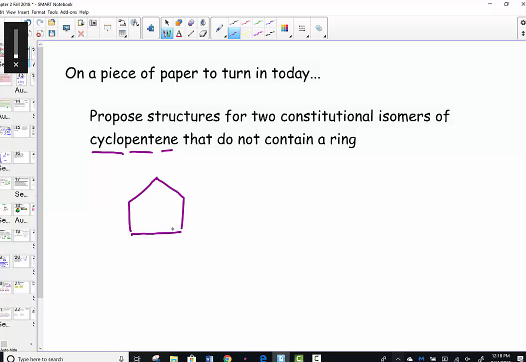That's 5 carbons hooked together in a cyclic structure. All right, excuse me. Somewhere in there is a double bond because you said ene. Does it matter where I put the double bond? Not at all, because I'll just move the molecule either direction and I'll still call that position 1. I'll put mine on the floor. That's one way to draw cyclopentene.